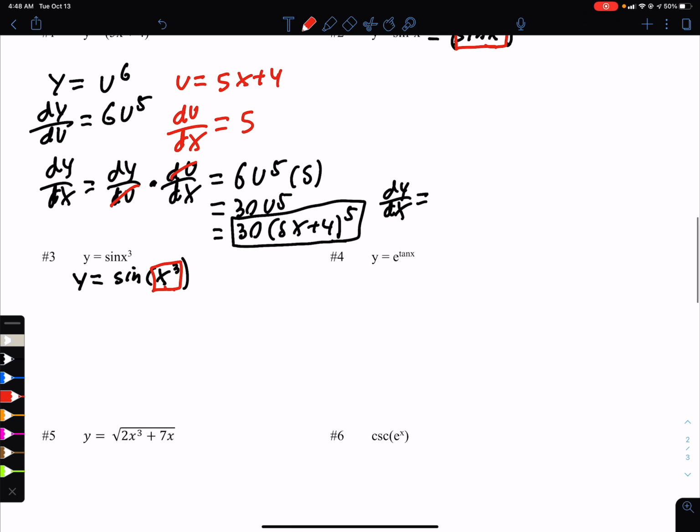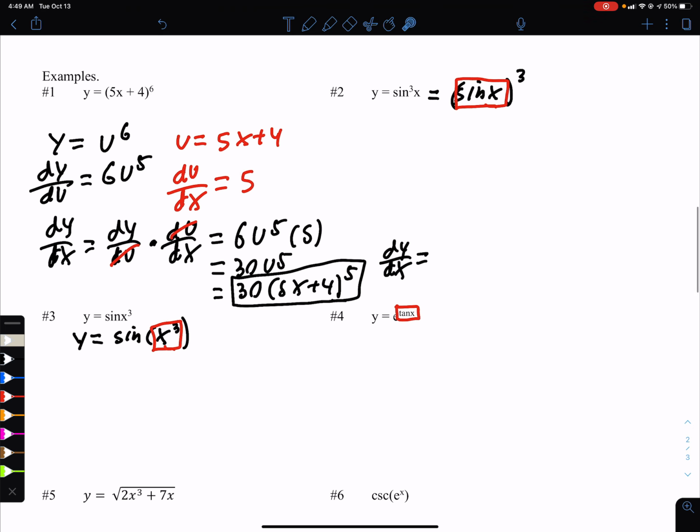And let's finish this off with number 4. Tan x is the inside function because it's e to the tan x. So you need to be able to see which function is being acted upon. Here, it's the sine x that is acted upon by the cube. So that's the inside function.